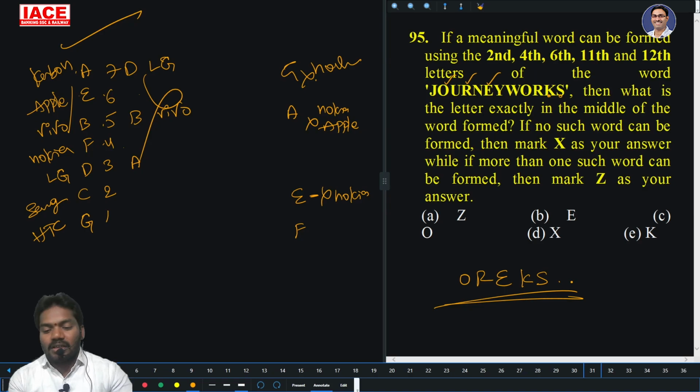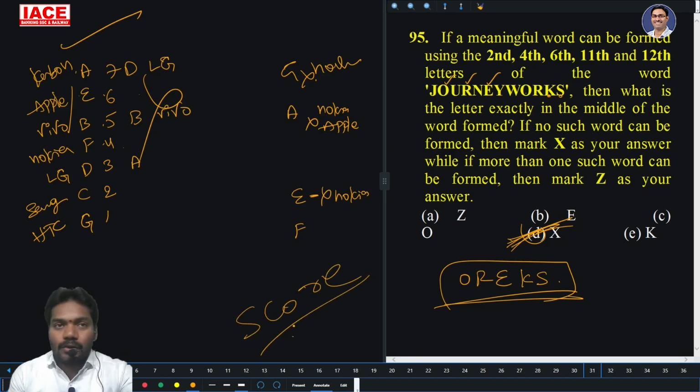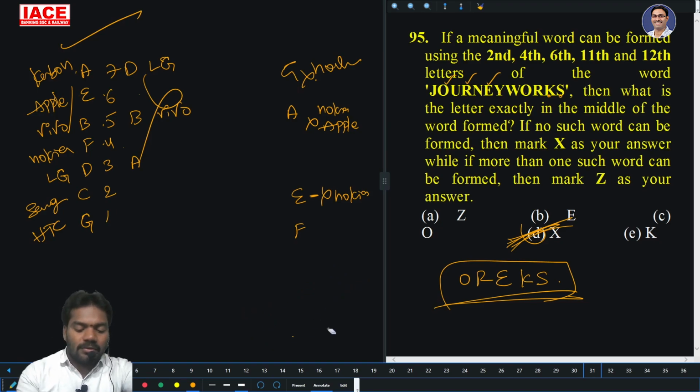If no such word can be formed, then mark X as your answer. Second is O, then 4th is R, 6 is E, and so on, KS. OREKS. SKORE. SCORE? So no meaningful word. Option D is the right answer. Option D, no meaningful word.